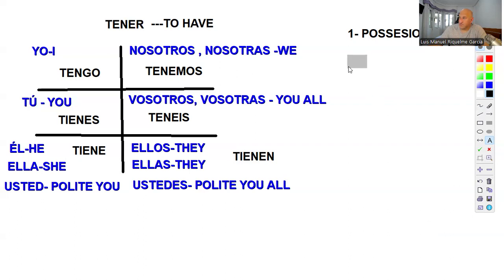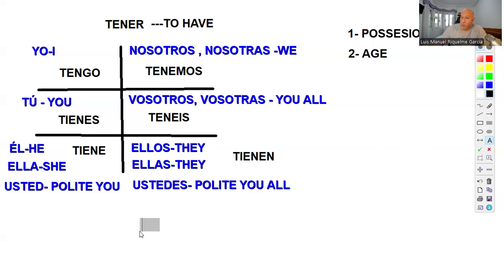But there are more uses in Spanish. For example, we also use it to talk about age. And I know this can be shocking because in English you use the verb to be. How old are you? I am so many years old.